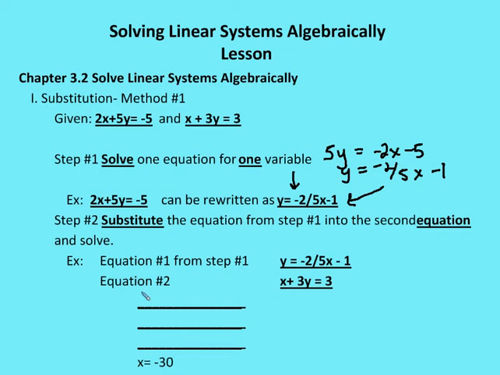Let's rewrite that as x plus 3 times negative 2/5 x minus 1 is equal to 3. I can rewrite that as x plus negative 6/5 x minus 3 is equal to 3.